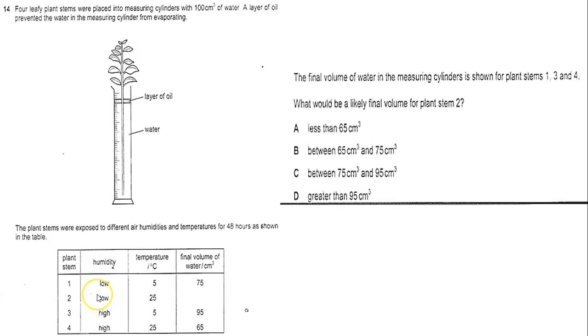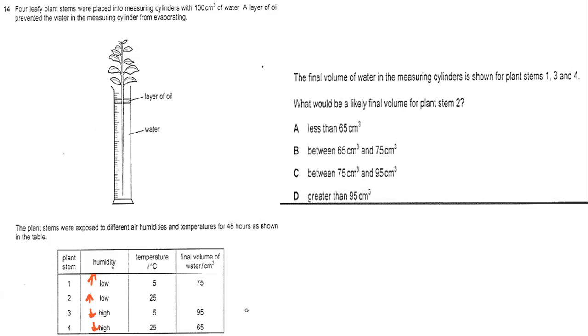Humidity low, humidity low. So if the humidity is low, this means that the transpiration rate is low or high? Yes, the transpiration rate will be high. What about here? Again, it's gonna be high. What about when the humidity is high? The transpiration rate is low, because we said that humidity is the only one that is inversely proportional with the transpiration rate.